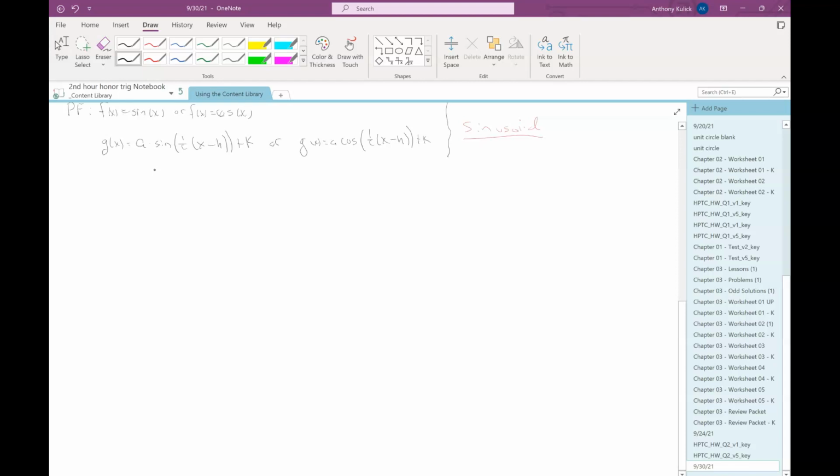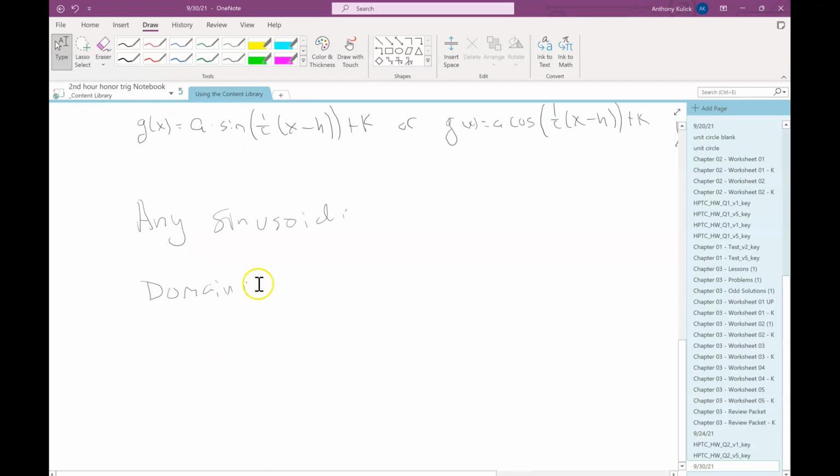Okay, so the domain here for any sinusoid, can a transformation affect the domain? No, right? Because all we can do with the transformation, we can stretch it vertically or horizontally, we can flip it, or we can shift it left or right.